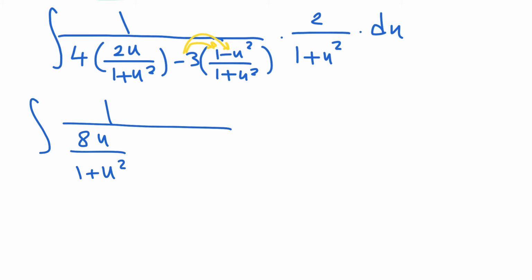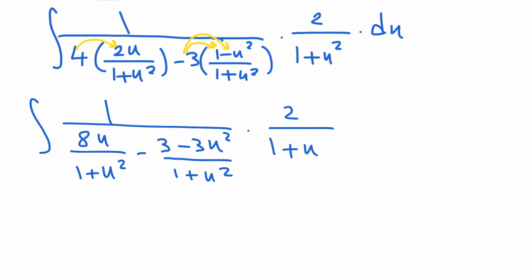I multiplied 4 by 2u, so it will be 8u, minus 3 minus 3u squared as well, divided by 1 plus u squared, times 2 over 1 plus u squared du.